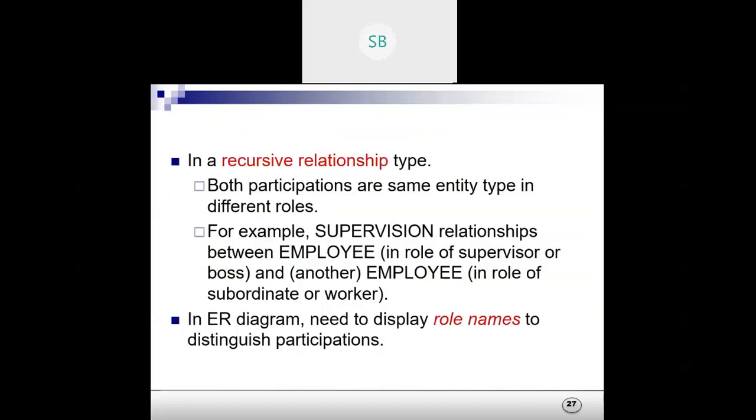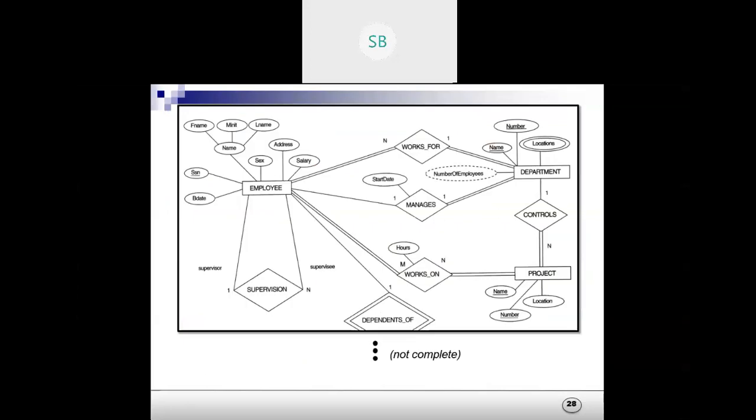Okay, just show you an example of the ER diagram. Check here. Employee, one employee has the relationship supervision. It has 1:2, and what is 1:2, you don't need to understand now, I'll explain you. Okay, these are the role names: supervisor and supervisee.